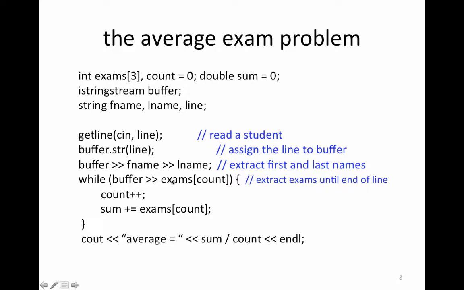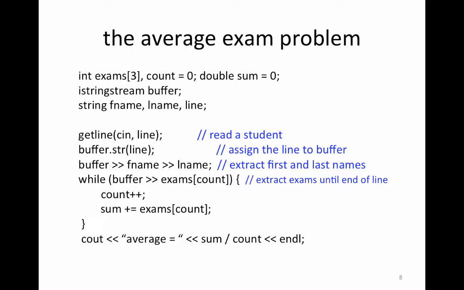And now I don't know how many exams I have, so I write a while loop. But I do know that the remaining items on the line are exam scores, so I say while I can read another exam, I do so. I increment my count of exams, and I add that exam value to sum.